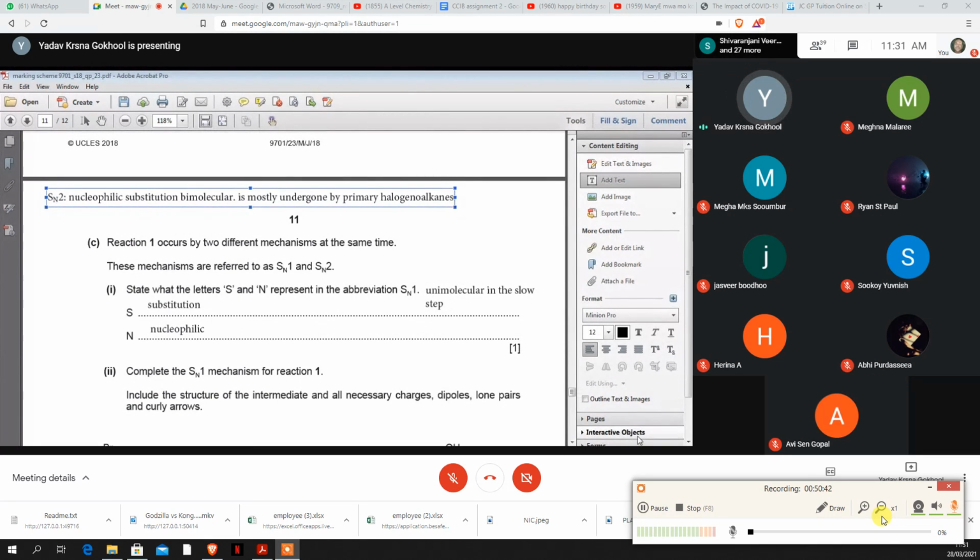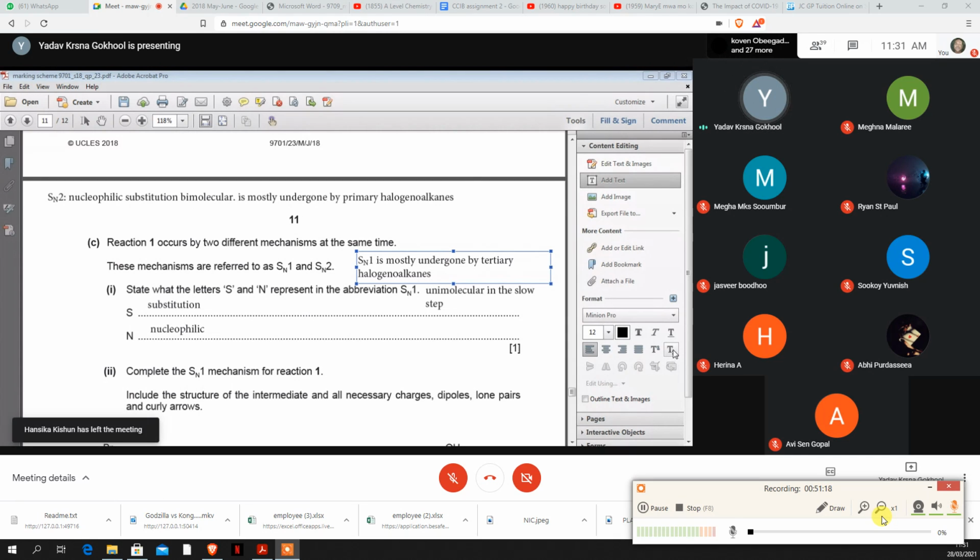Okay, but in SN1, it means that we have a tertiary halogenoalkane. SN1 is mostly undergone by tertiary halogenoalkanes, because the halogenoalkane does not have space for the nucleophile to come and attack, because we have large CH3 groups which are in the way.